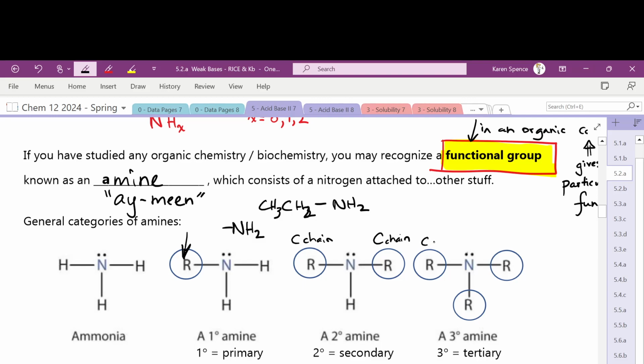And if I have a carbon chain, a carbon chain, a carbon chain, and no hydrogens, that's called a tertiary amine. Do you need to know any of this for grade 12 chemistry? No, you do not.